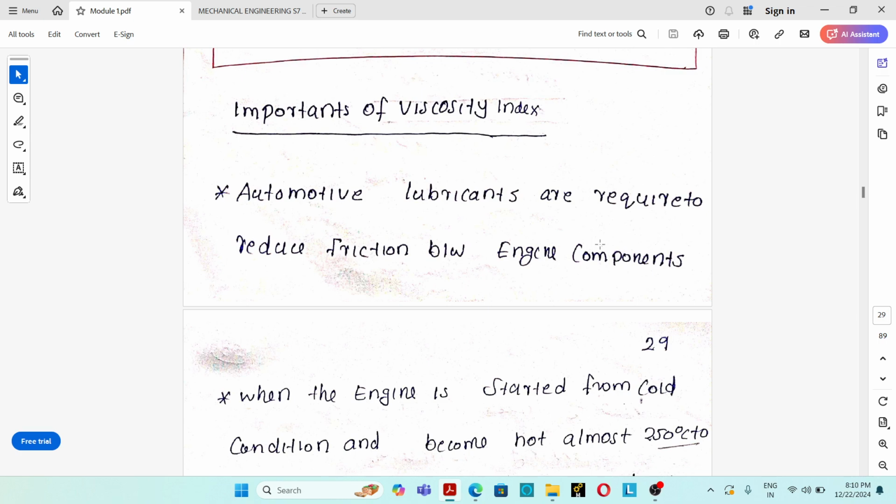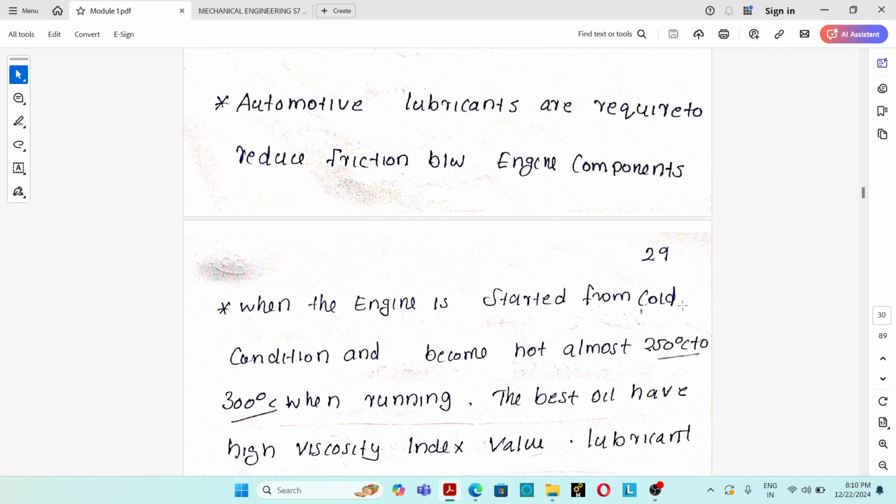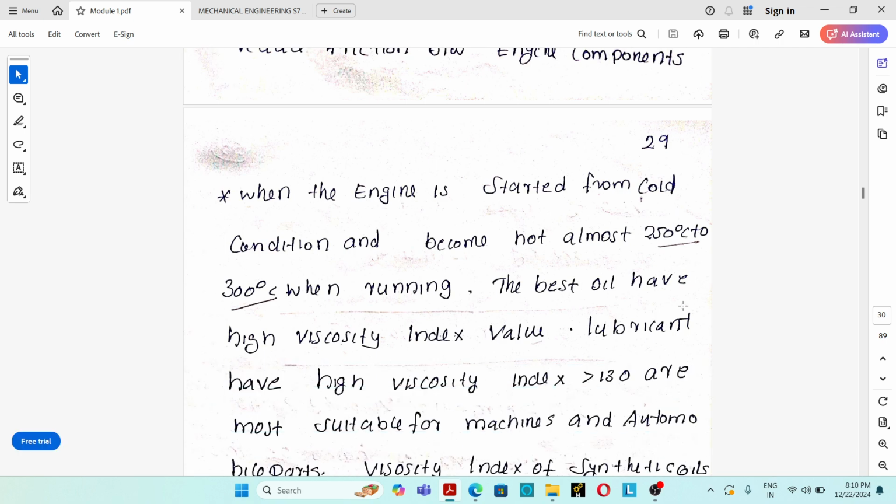See, while we are using hydraulic oil as a lubricant in automotive application, when the engine is starting, it starts in a cold condition, that is at atmospheric temperature. Now, while the engine is running, the temperature will be 250 to 300 degrees Celsius. So there will be a large change in temperature.